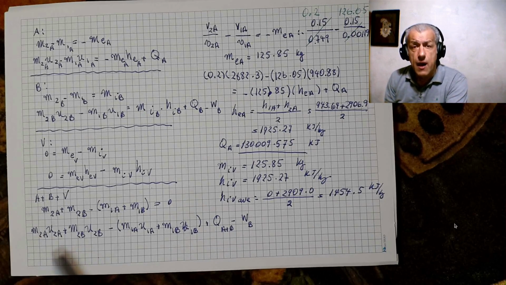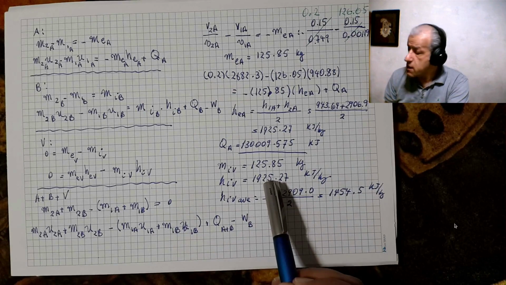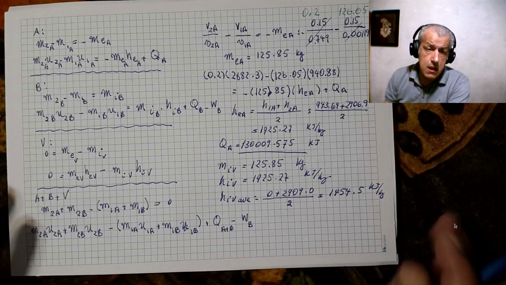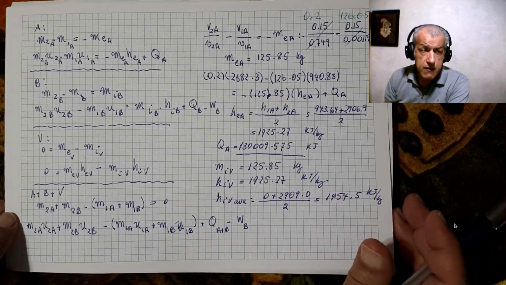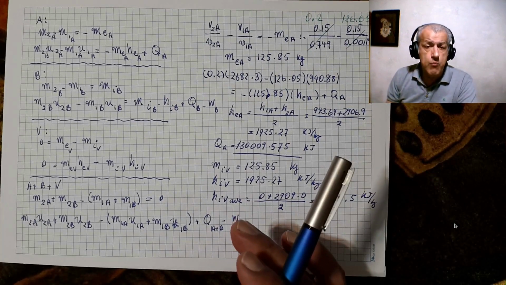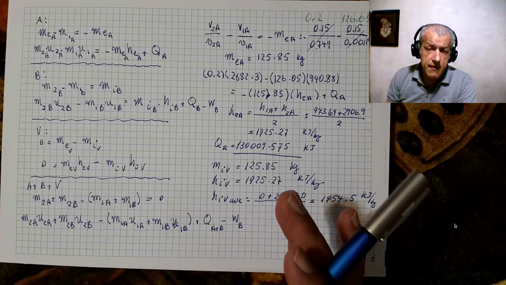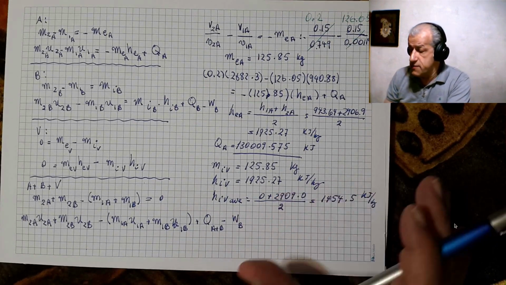But I would trust this approximation more than this one, because 1925 is just an assumption for an adiabatic valve, which is a fairly good assumption at this stage.